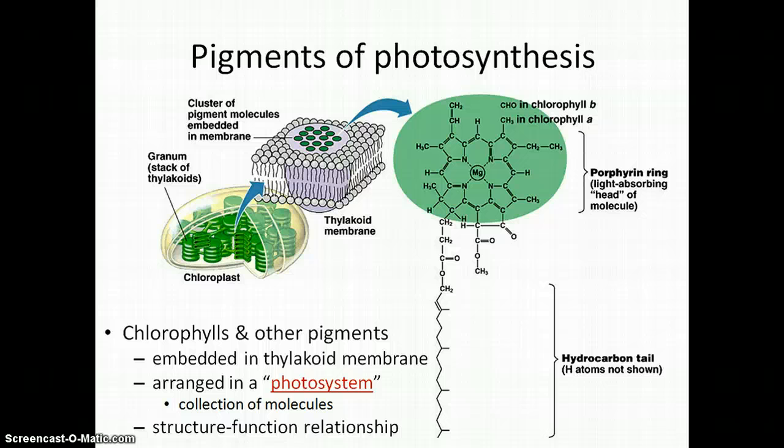And the way that they're structured together actually allows what we call the electron transport chain, which is a structural passing on of electrons from molecule to molecule. It's actually relying on that structure and the placement of those different pigments and proteins within the thylakoid membrane.